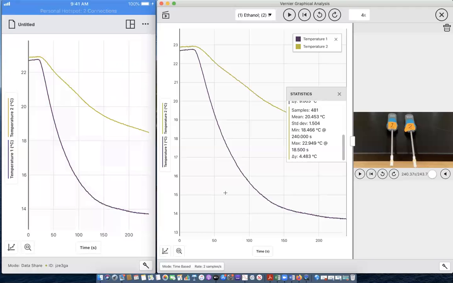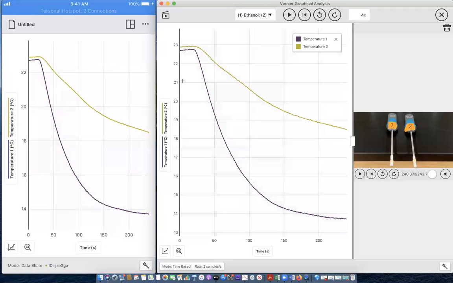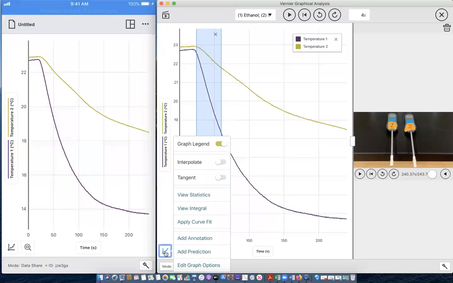There's another feature that sometimes I like to look at to compare the rate at which they were evaporating. If I highlight the portion of the curve where the lines stay fairly similar, fairly linear, and they don't get to a point where they start to bend off of that straight line, I can come down here under the tools bar again that I have for the graphs.